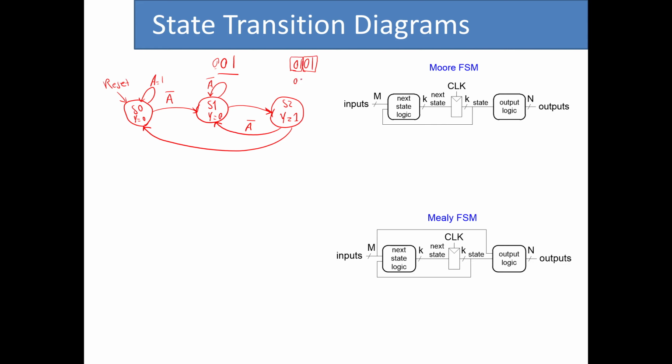While if we had 0, 1, 1, 1, we only needed to have 1 detection, right? So these arcs are enabling us to ensure that we can detect all the patterns of 0 followed by 1 in our sequence. So this is the state transition diagram for the Moore FSM.